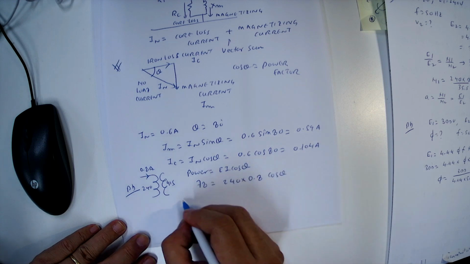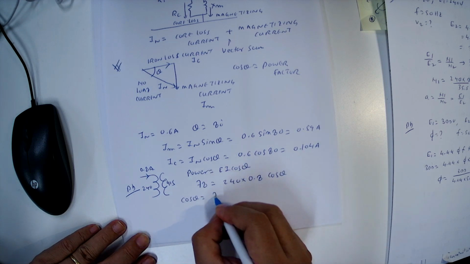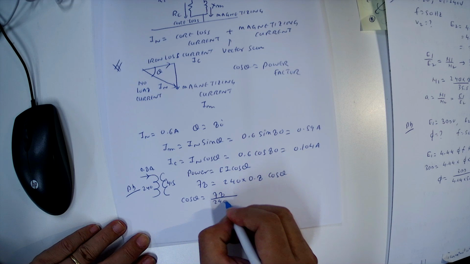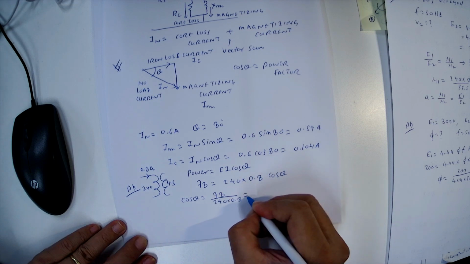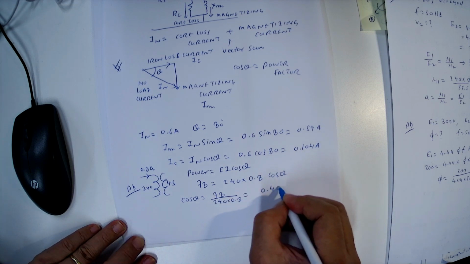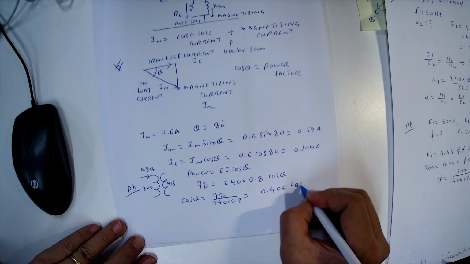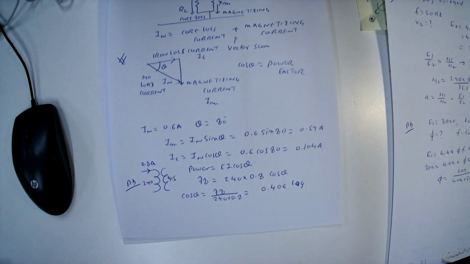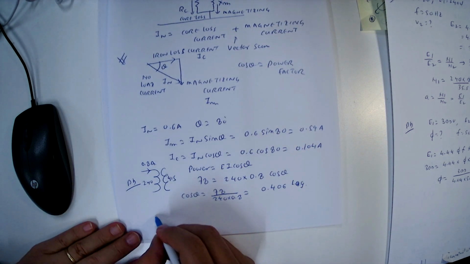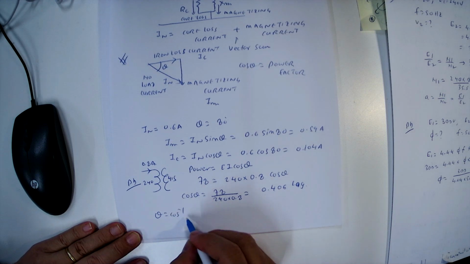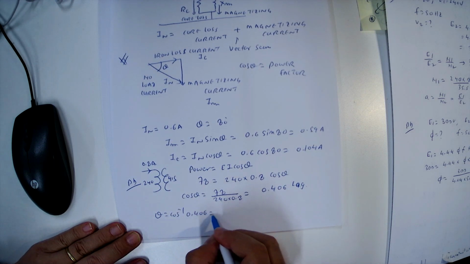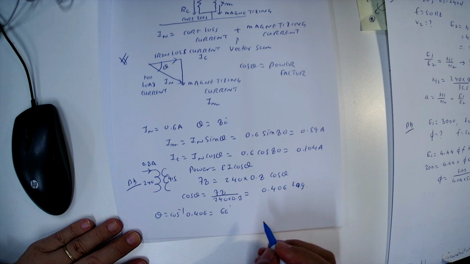So cos theta, the power factor, can be calculated as 78 divided by 240 multiplied by 0.8. Therefore, we got 0.406. And the no load phase angle theta equals cos inverse 0.406. You get 66 degrees.